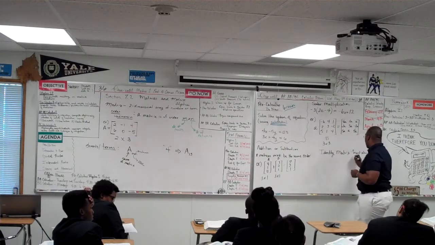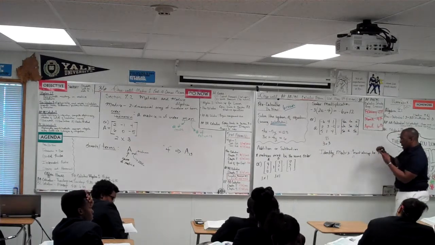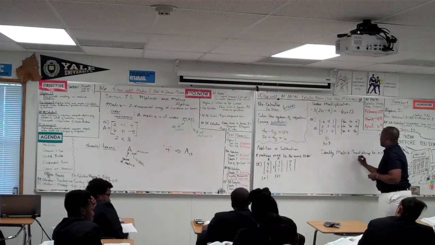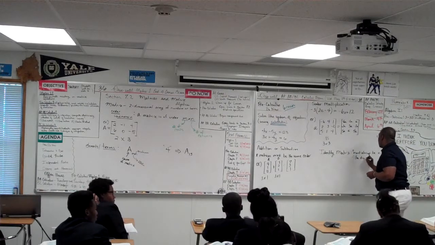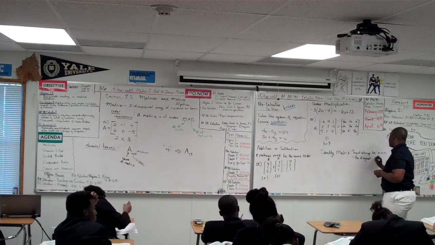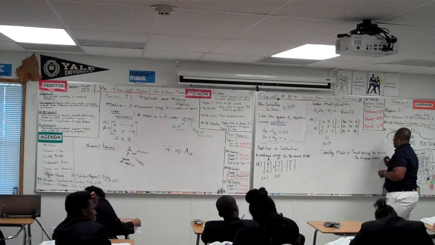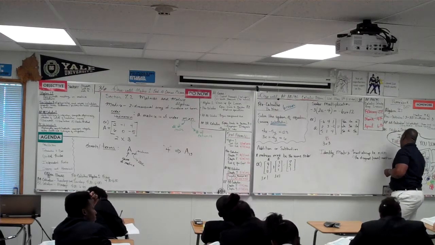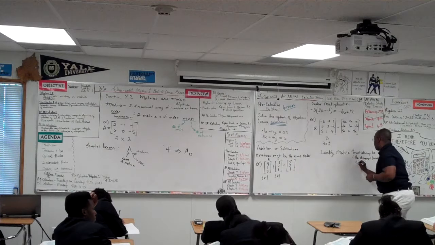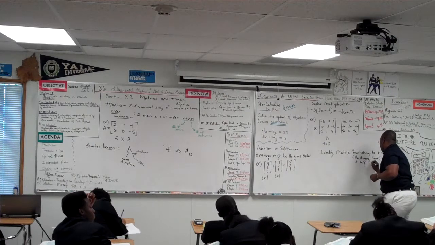Well, there's only one other item. I know that I must be an n by n matrix, and that the diagonal, and this is the main diagonal, must consist of only ones.